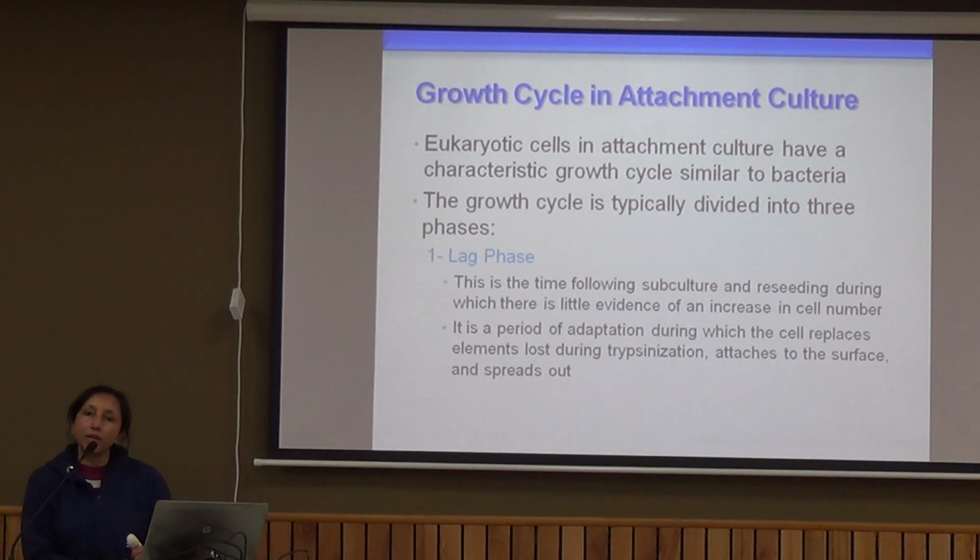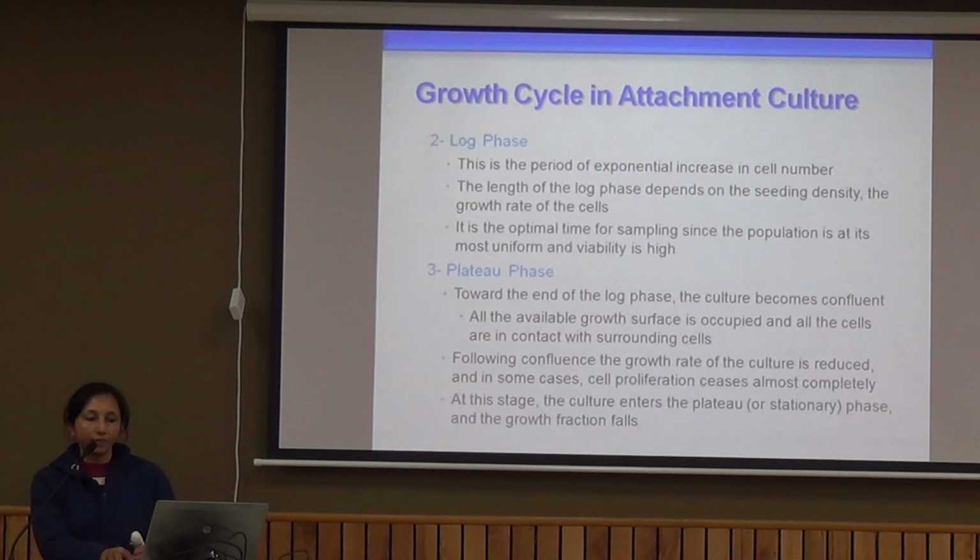Cells take some time to adjust, and during that time they do not divide and grow. They just try to maintain themselves. It is a period of adaptation during which the cell replaces elements lost during trypsinization. Trypsinization means treating with the enzyme trypsin; the cell attaches to the surface and spreads out.